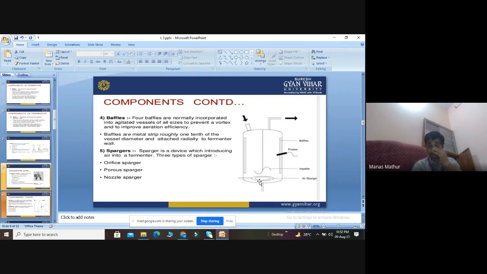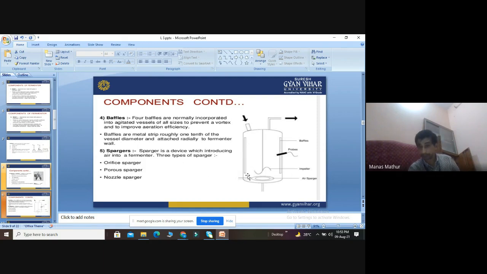Now, at the bottom, spargers are present. Three types of spargers are there: orifice sparger, porous sparger, and nozzle sparger. A sparger is a device which is introduced into the fermenter.